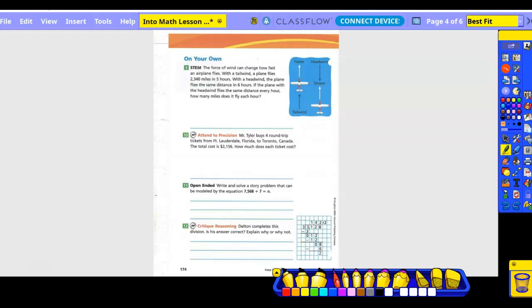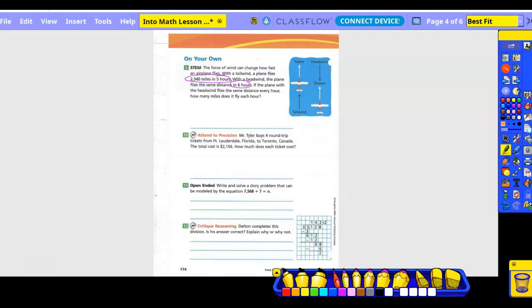Okay, so we need to pull out our information. What are we going to pull out? Right, and then with a headwind, the plane flies the same distance in 6 hours. If the plane with the headwind flies the same distance every hour, how many miles does it fly each hour?